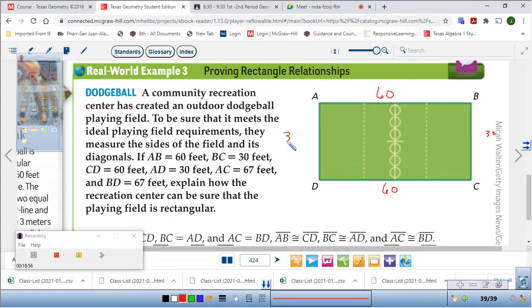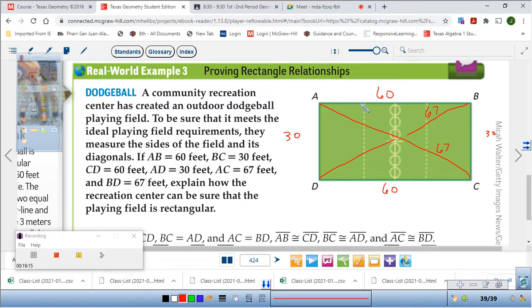AD, 30 feet. Then they figured out AC, from A to C, 67 feet. And then BD, 67 feet. All right. Explain how the recreation center can be sure that the playing field is a rectangle.